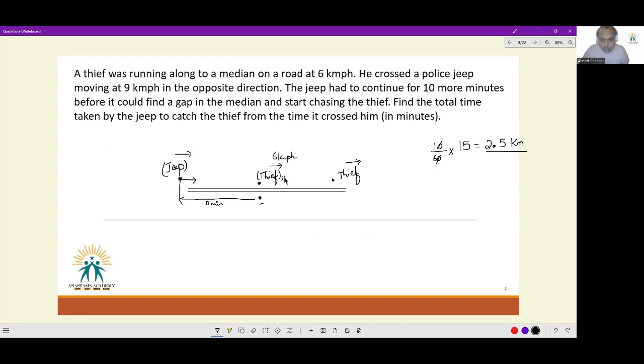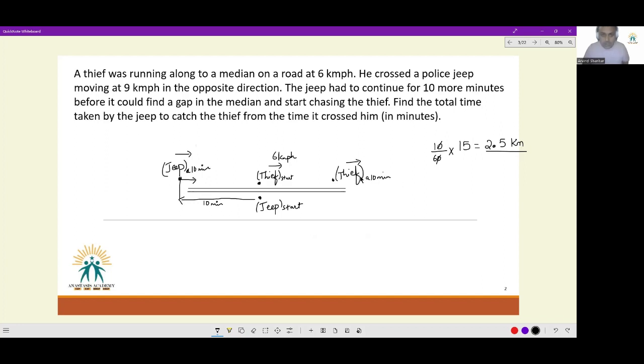This is the thief at the start. This is the thief after 10 minutes. This is the jeep at the start. This is the jeep after 10 minutes.